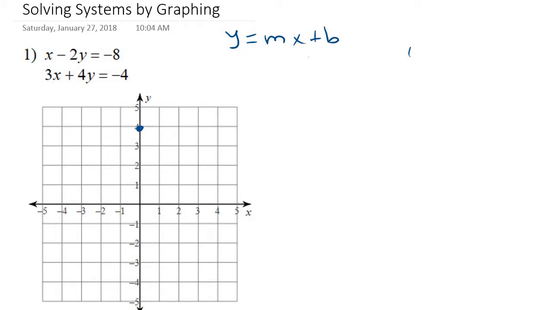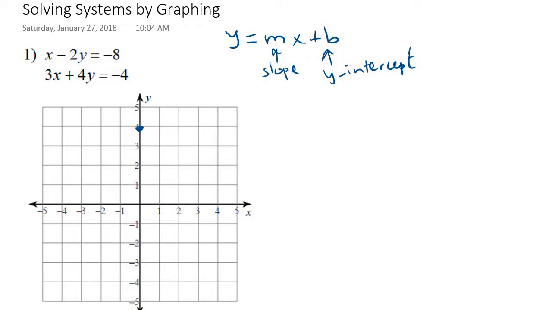So we're going to transform each equation to look just like that, because it's easier to graph using y equals mx plus b, where m is the slope and b is the y-intercept. All right, so we're going to do some algebra to transform each equation to look just like that.